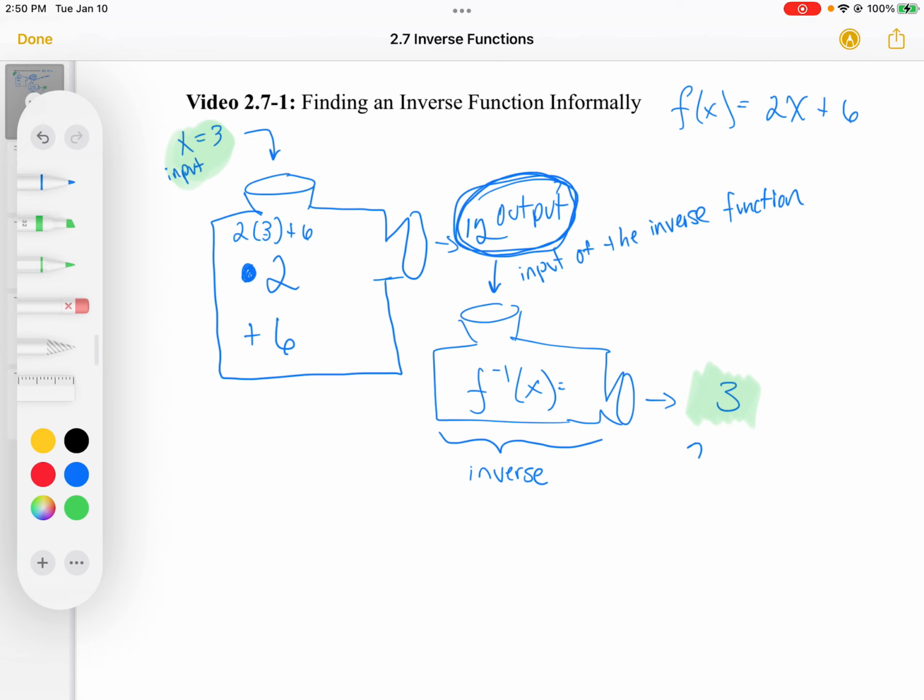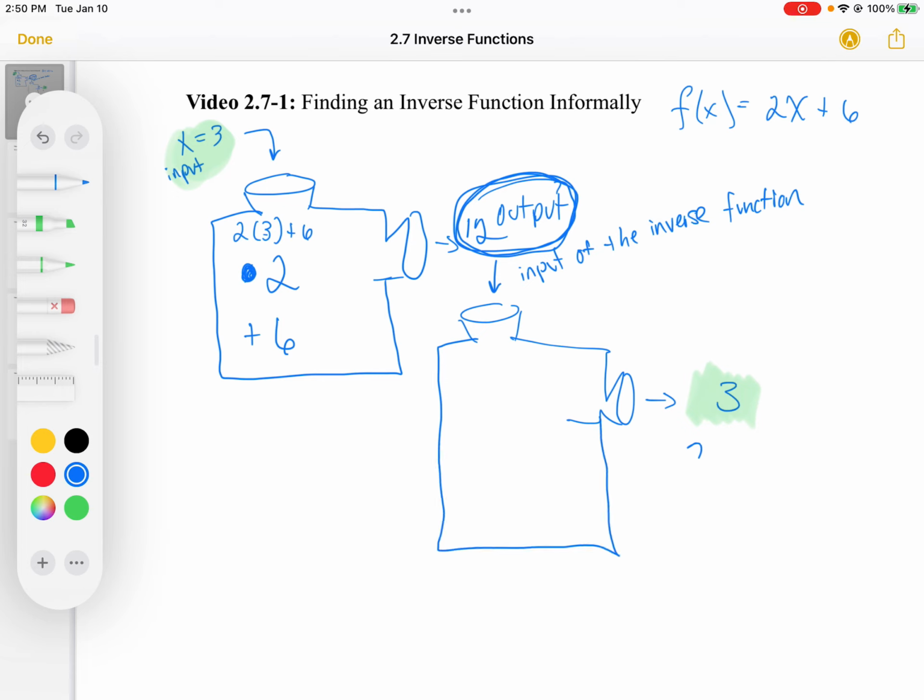Now, what does the inverse function do? Well, the inverse function does the opposite of what just happened. So our input was multiplied by 2, and then we added 6 to it.